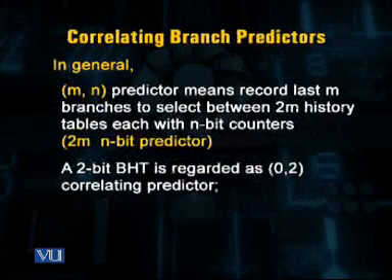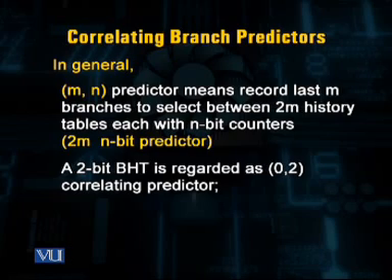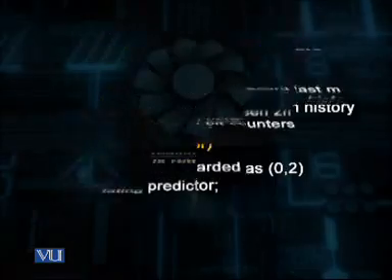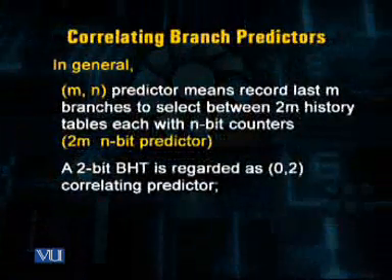In general, it is written as an (M,N) predictor, which means that we record the last M branches to select between 2 raised to power M history tables, each with an n-bit counter. The n-bit counter, where n is equal to 1, 2, or any value, determines the 1-bit, 2-bit, or n-bit predictor.